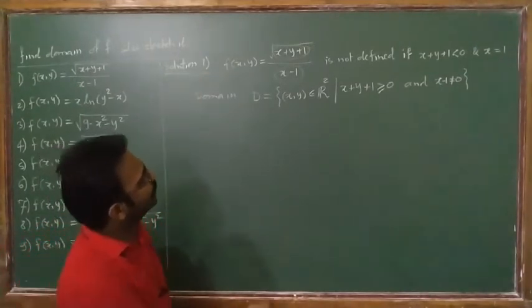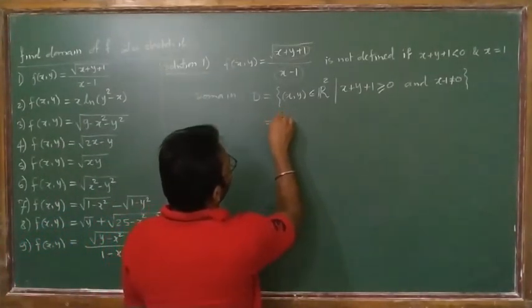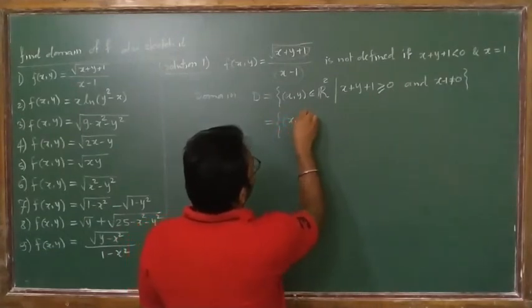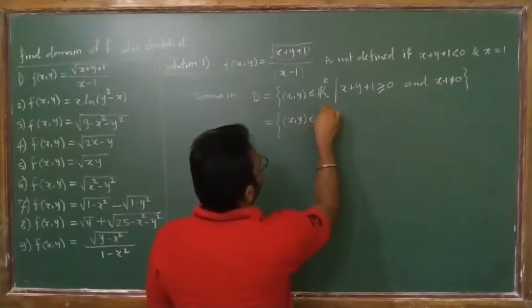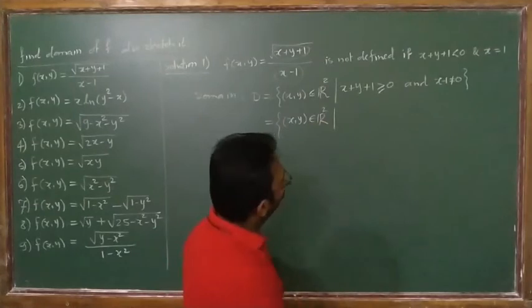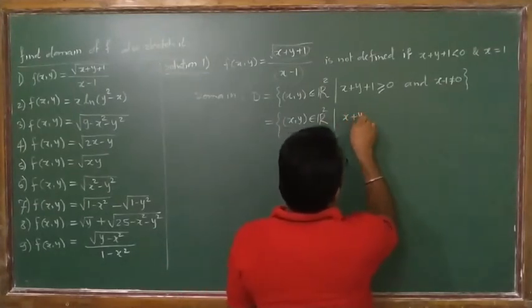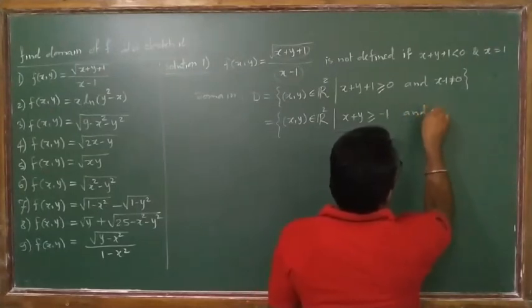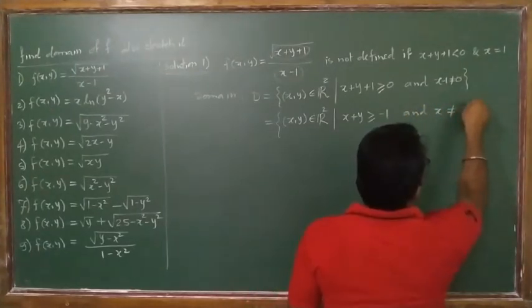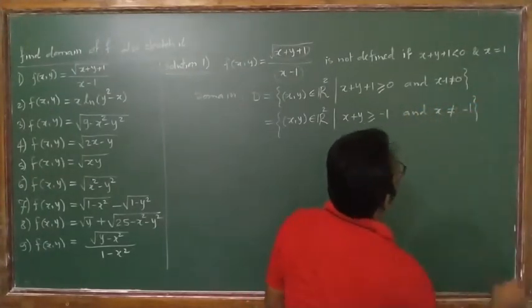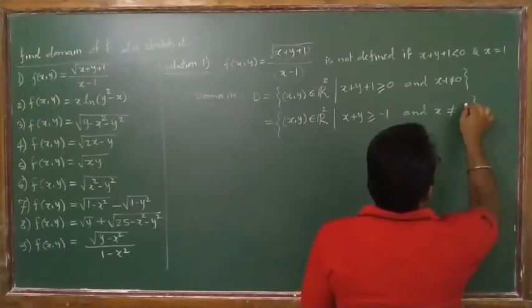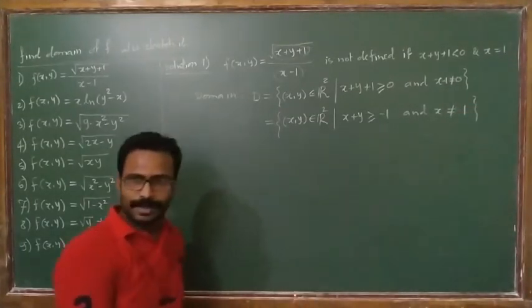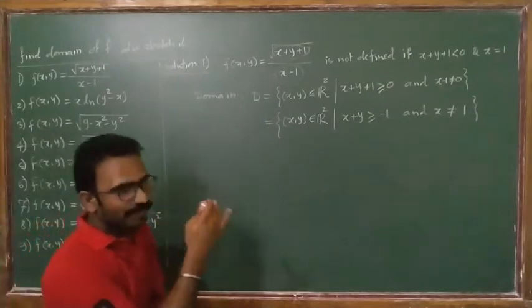It means the domain is the collection of ordered pairs xy such that x plus y should be greater than or equal to minus 1 and x should not be equal to 1. So this is the domain for this function.